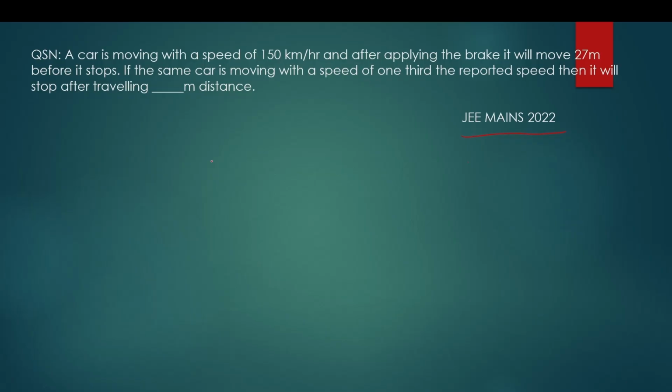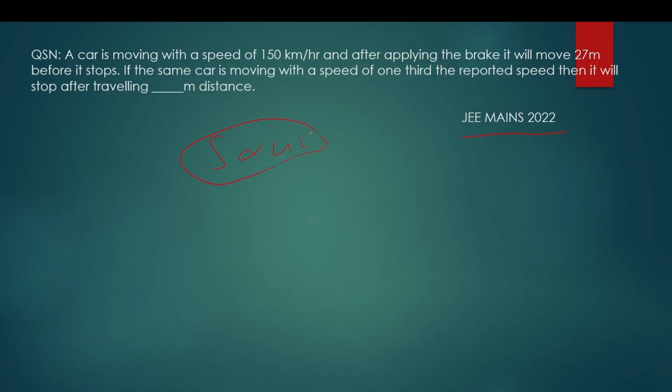Okay, so the question is that a car is moving with a speed of 150 km per hour, and after applying the brake it will move 27 meter before it stops. If the same car is moving with a speed of one third, means 50, then it asks for the stopping distance. So we already knew s is directly proportional to u square.